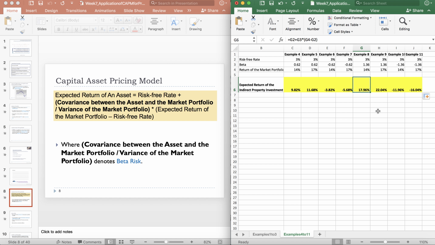As in examples 8 to 11, we do see that for beta risk larger than 1 or smaller than -1, when the market portfolio return increases by 3%, this investment's fair return will increase by more than 3%.